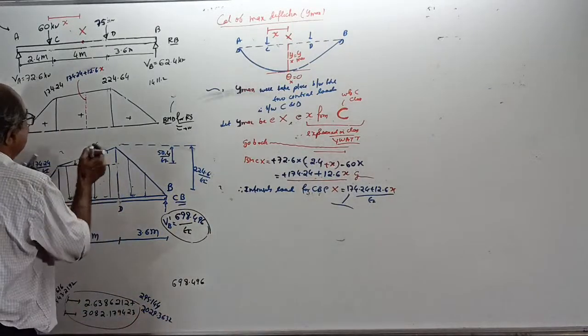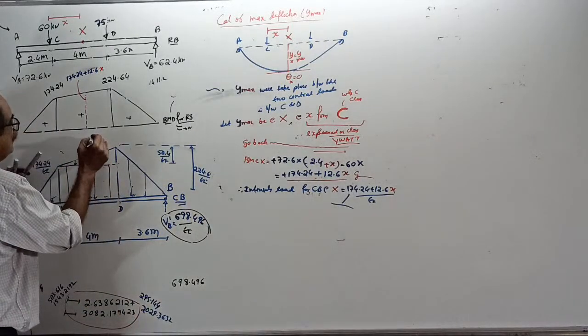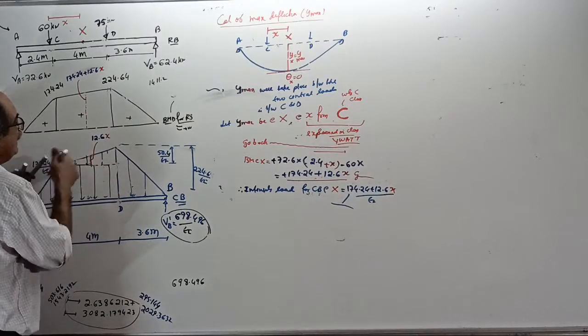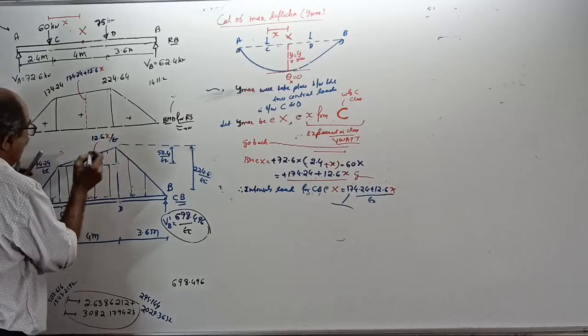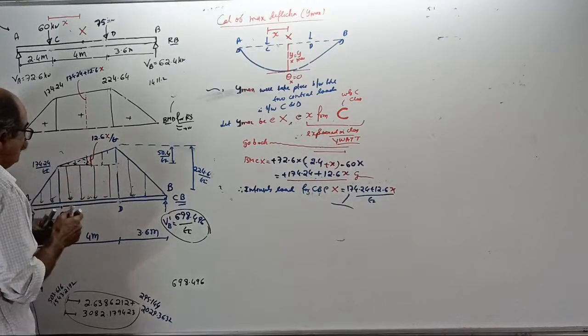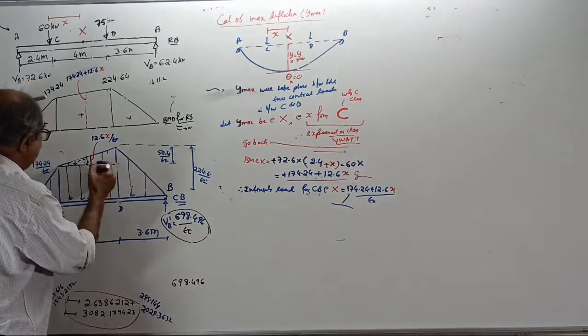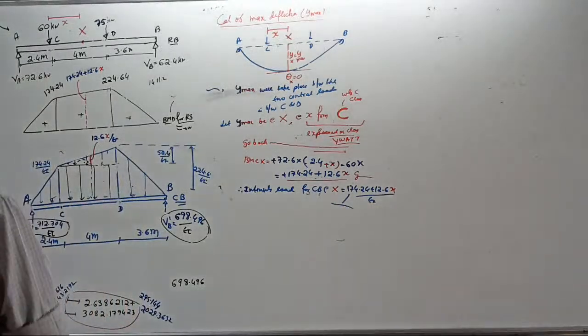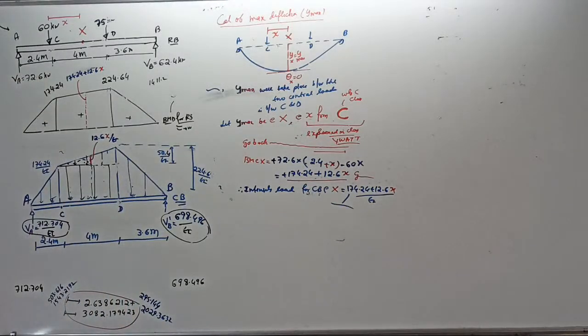That's all. This is 12.6 into x, by EI. Fully clear? Now this is the triangle, the red color triangle. This is already known. Is it fully clear?